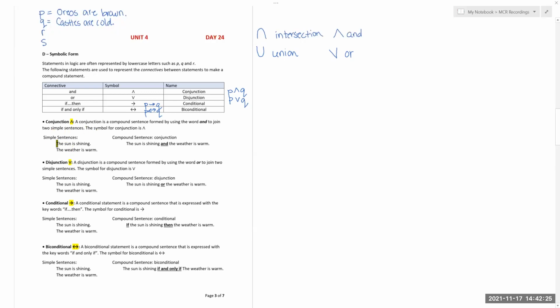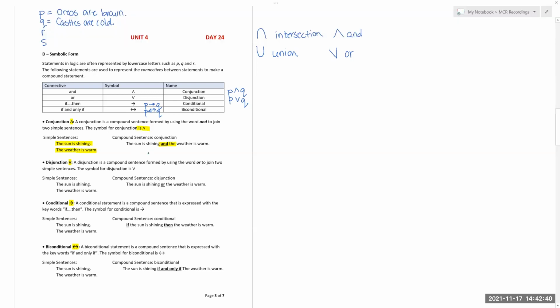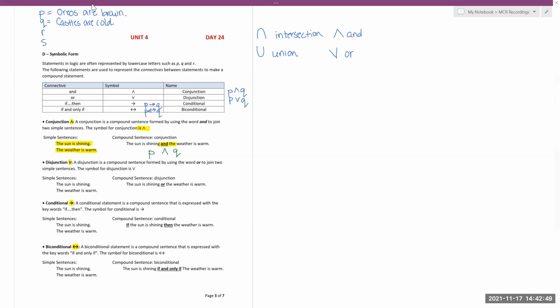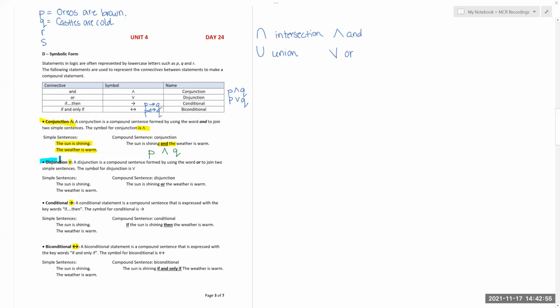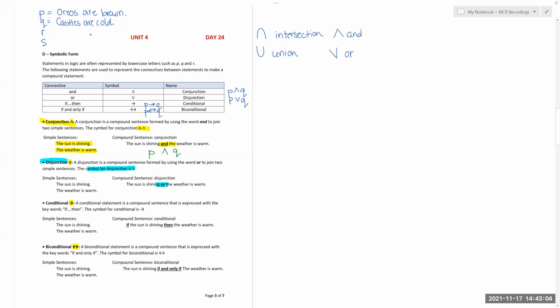So we're going to take 2 simple sentences. The sun is shining, the weather is warm. So if we want to combine them with this and conjunction, we use that caret and we put and. So the sun is shining and the weather is warm. That's a conjunction. So then the next one is our disjunction or our or. So the sun is shining or the weather is warm.